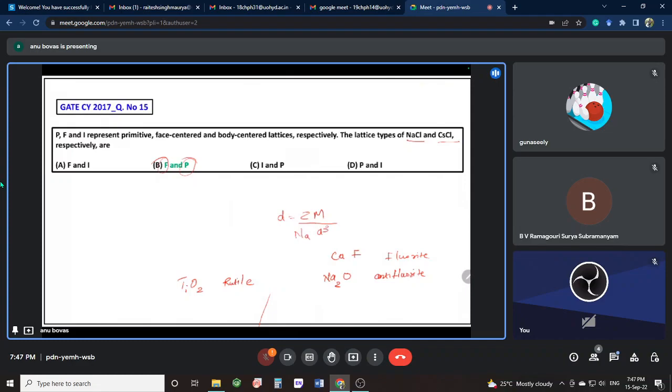Questions have been asked with the help of this equation, where D is the density of a crystal, Z is the number of atoms present, like for FCC it is 4, BCC it is 2, and simple cubic structure it is 1. M is molecular mass, Na is Avogadro number, and a is edge length. So using this, we can calculate the density of a given crystal. So this is also an important equation.